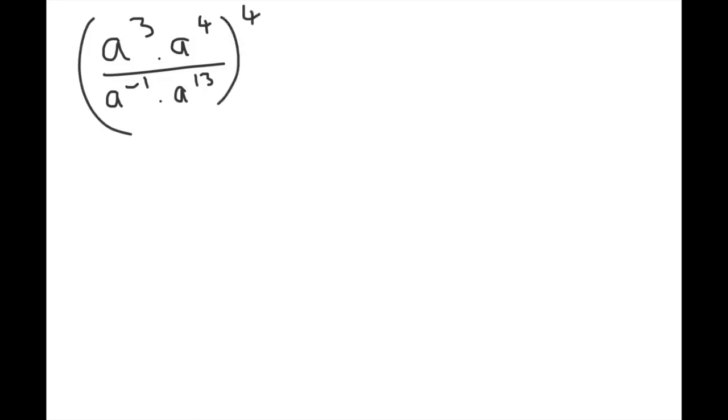So a to the power 3 times a to the power 4, divided by a to the power minus 1 times a to the power 13, and all of that to the power 4. We're going to simplify all of this. If you look at the laws on the previous page, let's keep that in the bracket.